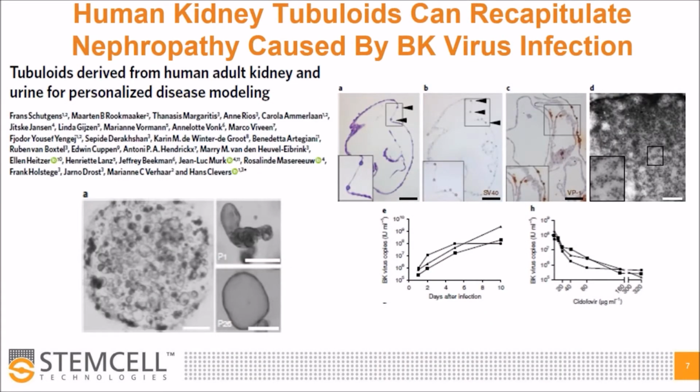Another example of modeling virus infection in vitro comes from kidney models. Scientists managed to establish tubuloid cultures derived from human adult kidney and urine, and use this culture system to model the infection of BK virus, which had never been performed before. Microinjection of the tubuloids with the virus allowed the scientists to observe effects that recapitulate the nephropathy happening in vivo.